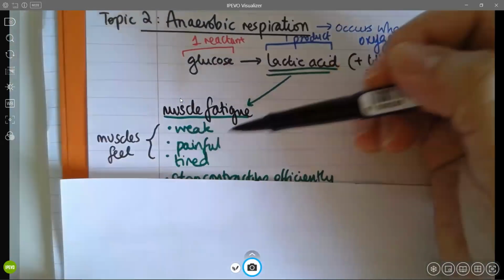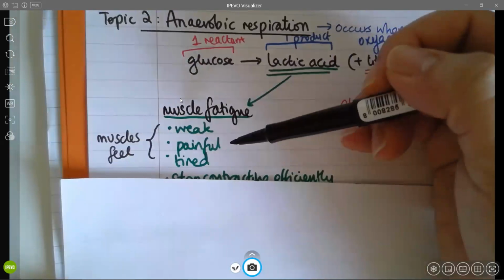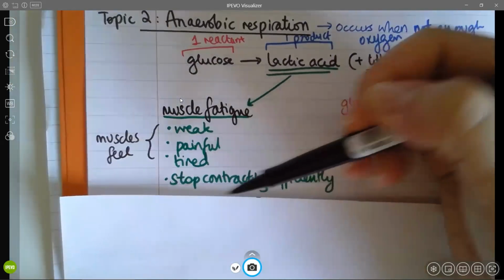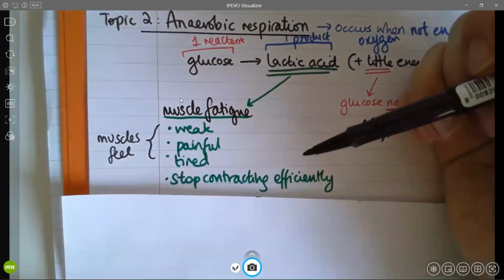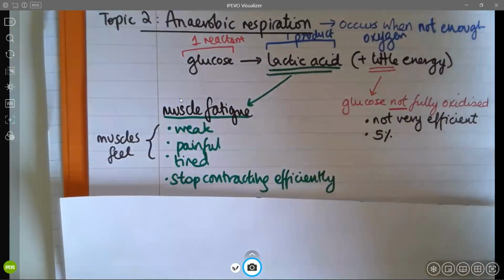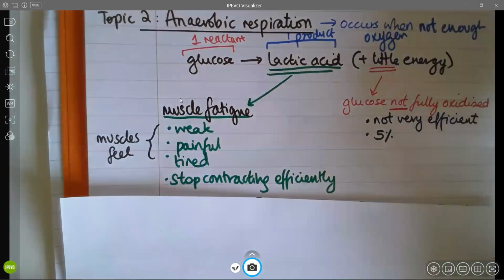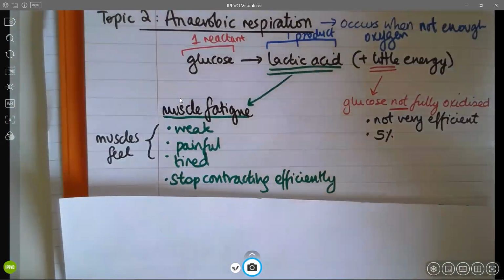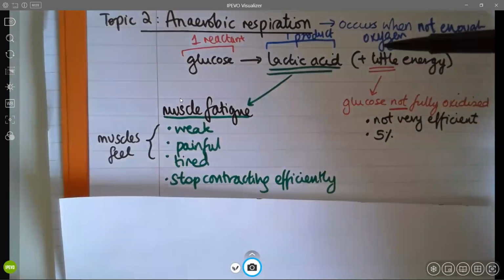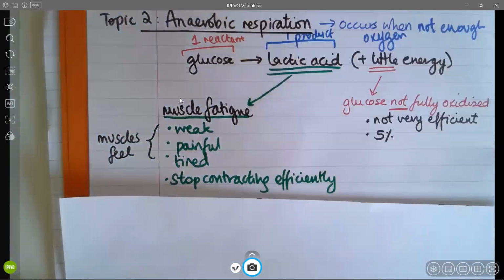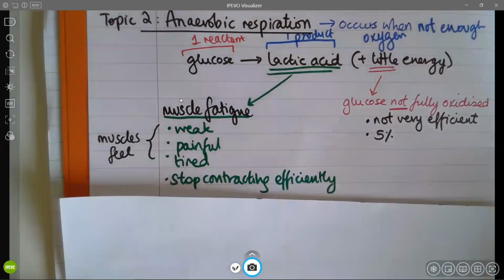So your muscles feel weak, they feel painful, they're tired, and ultimately they just stop contracting very efficiently. And in fact, if you have done a really long run or you see marathon runners, they will end up with a lot of muscle fatigue because they will not have enough oxygen. And in fact, this lactic acid will build up and build up.